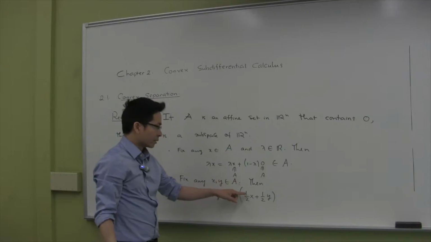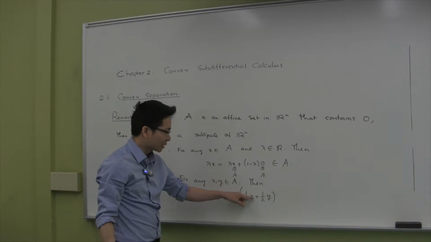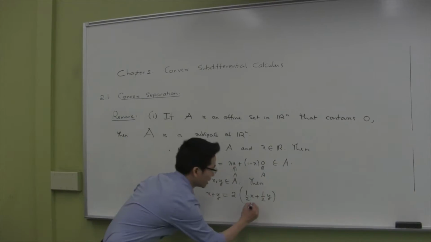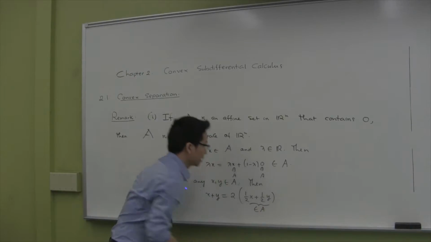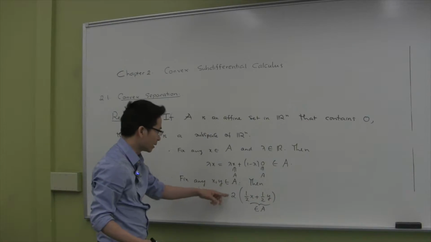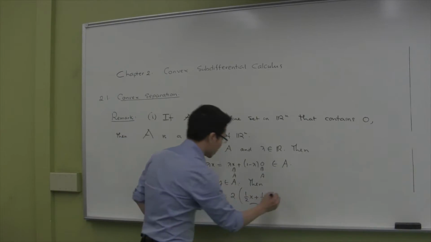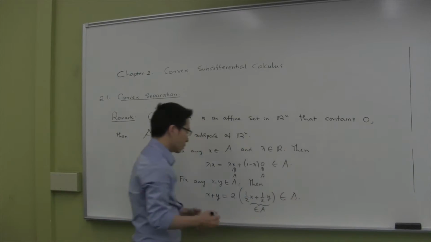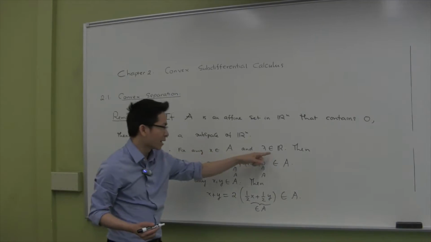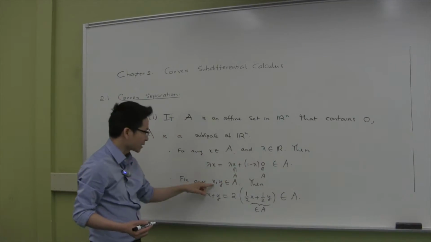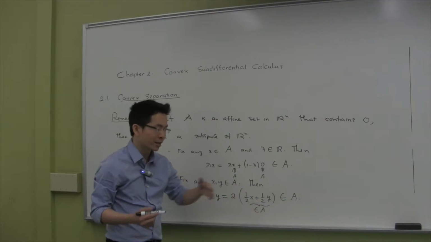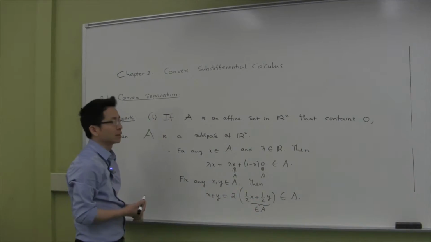By the definition of an affine set, 1/2 x plus 1/2 y is an affine combination of x and y, so this element belongs to A. And by the previous property, with lambda equal to 2, this element multiplied by lambda also belongs to A. So we have proved that for any x in A and lambda in R, lambda x is in A, and for any x and y in A, the sum x plus y is in A. Therefore, A here is a subspace of Rn.